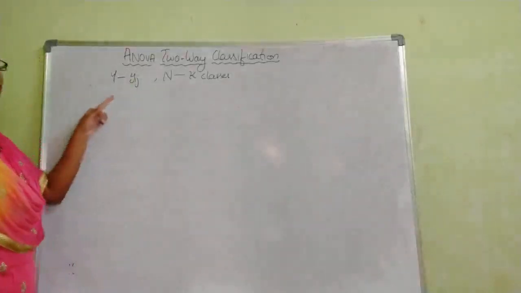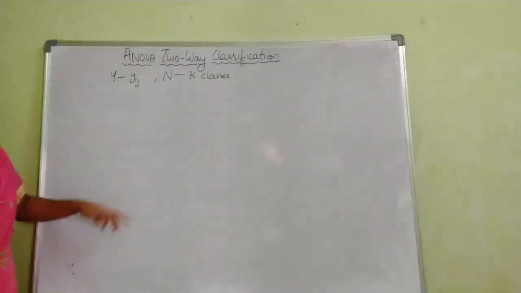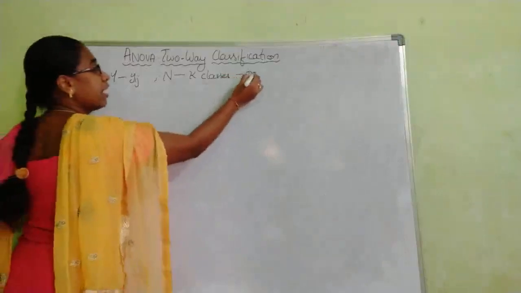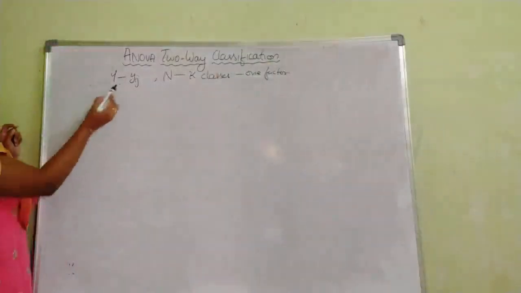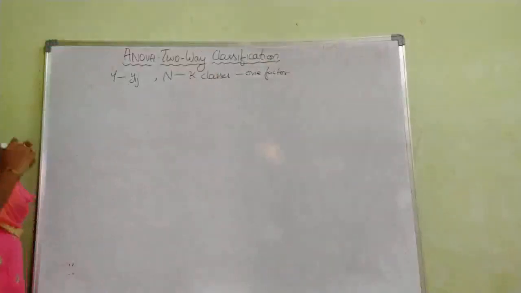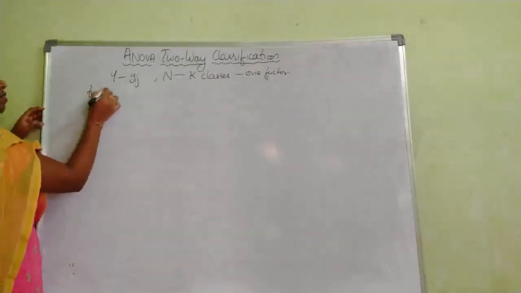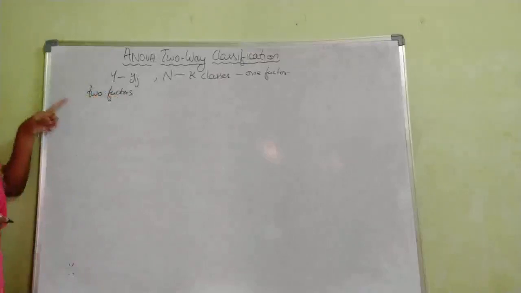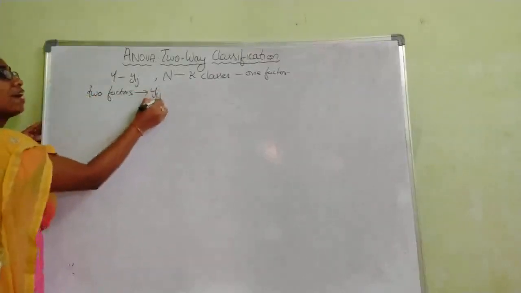So suppose there is only one factor, k classes, that means only one factor is influencing the output or the value of the variable. Now suppose there are two factors which influence the values of the variable, that is yij.